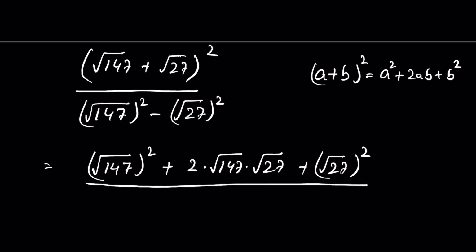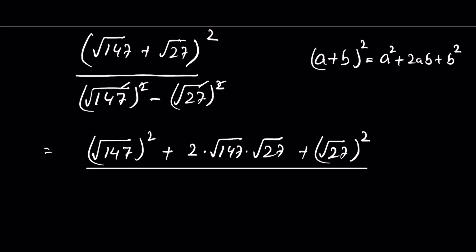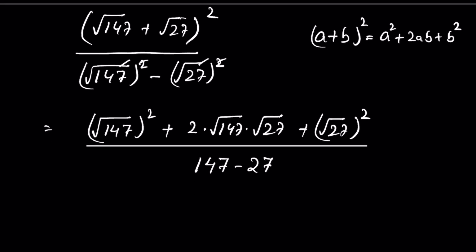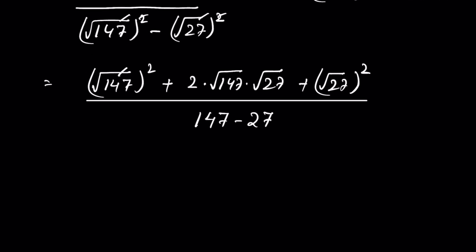Then upon, we can remove the square root with this square. So it is 147 minus 27. Here also you can remove the square root with this square. Why? Because square root means when a is under square root, a is raised to the power of 1 upon 2. So when we square it, the exponent is also multiplied by 2. So this 2 and this 2 get cancelled.